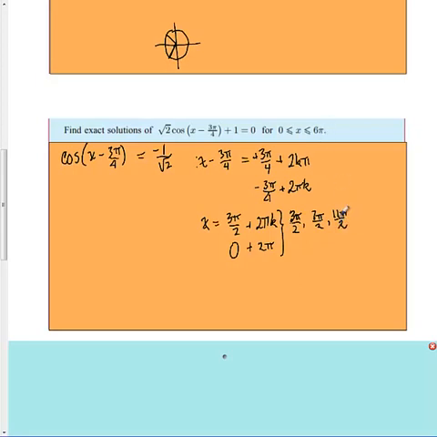Well, when I add another 4 pi over 2, I'm going to get 15 pi over 2, and that's bigger than 6 pi. So I'm done here. And then with this set, I've got 0, and I include 0 because of the equal sign here. 2 pi, 4 pi, and 6 pi. And that should take care of that one.